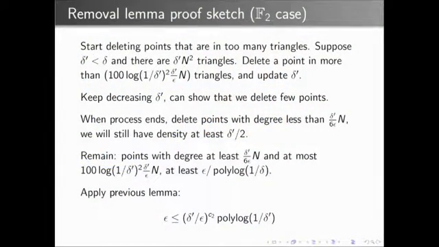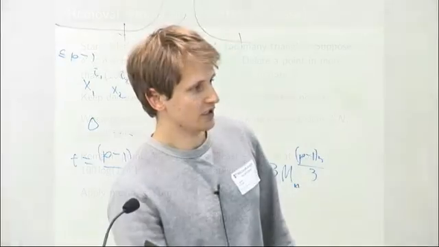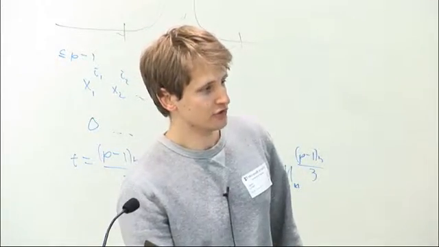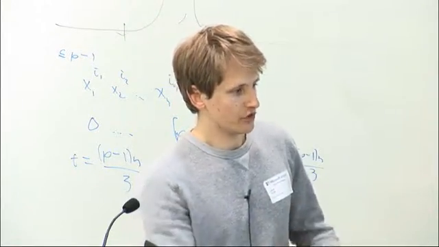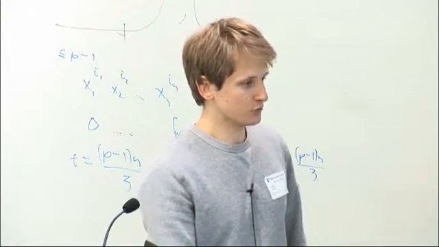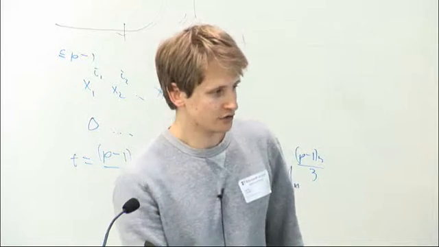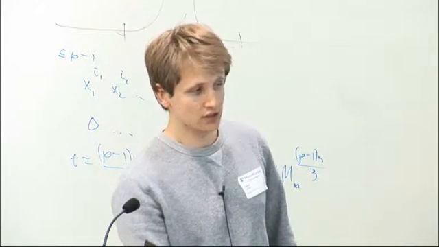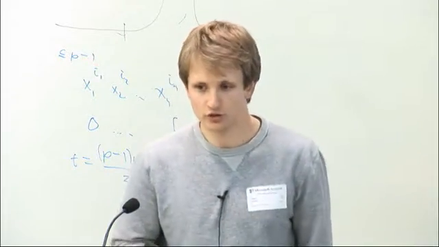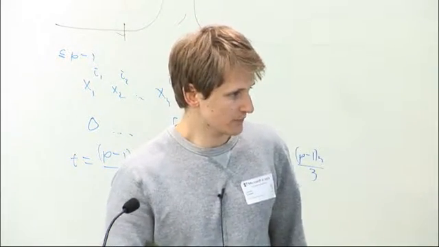I've moved the polylog to the right side here, but we basically get this to the power of c times their ratio. This gives some log factors, which I've moved here, and then it gives that epsilon is at most delta prime over epsilon to the c2 times some polylog terms.